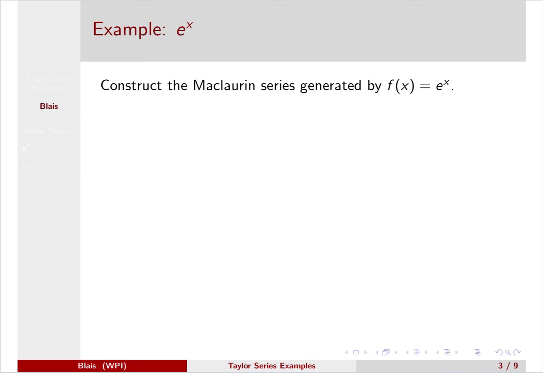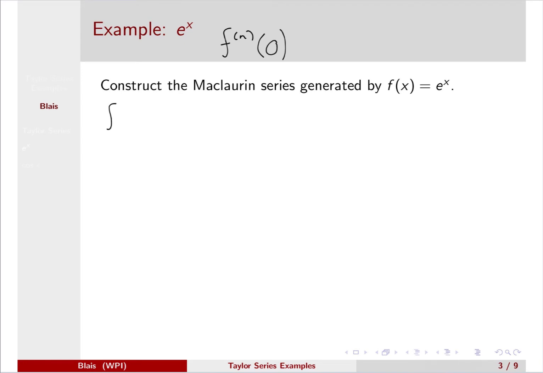And recall, the key to these is to find the pattern, what's the nth derivative of f evaluated at a, which for a Maclaurin series is 0. Well, we know if our function is e to the x, the first derivative of f is e to the x. The second derivative is e to the x. The 500th derivative is e to the x.